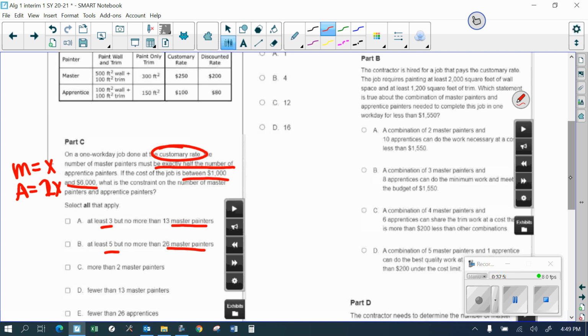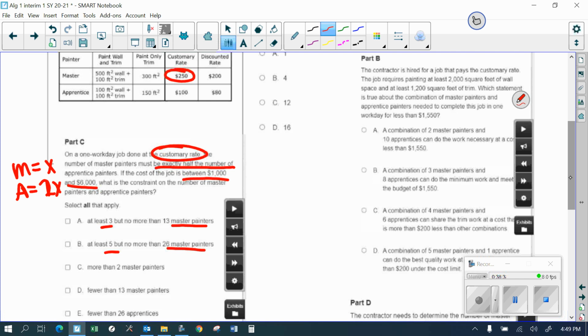So if I did customer rate, I have 250 X, we call this X, let's just plug numbers in here. So 250, notice at least 3.